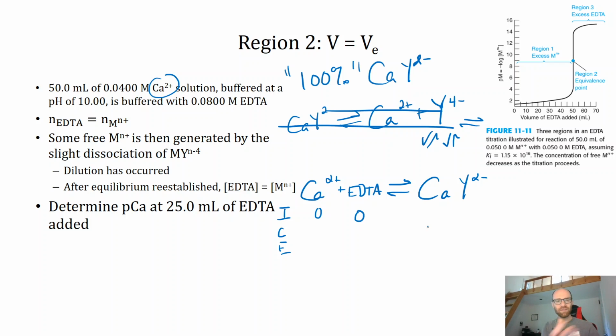So you may have seen one of these before. This kind of feels a little bit like you're treating a weak acid titration a little bit. It's similar to that, and that idea of like once you're done with the equilibrium, it goes back a little bit. So after the equilibrium is reestablished, the amount of free EDTA and the amount of free metal is still going to be equal. So looking back at this equation, we need to do some work.